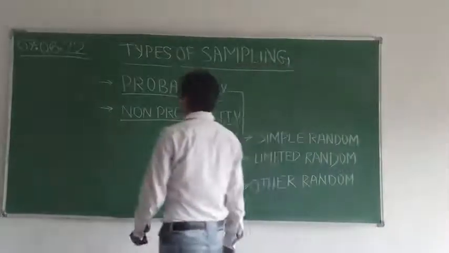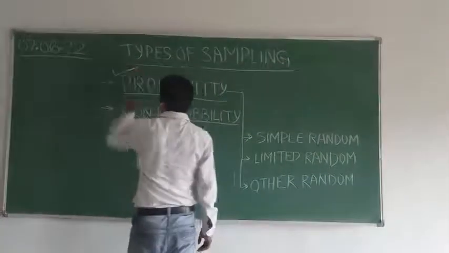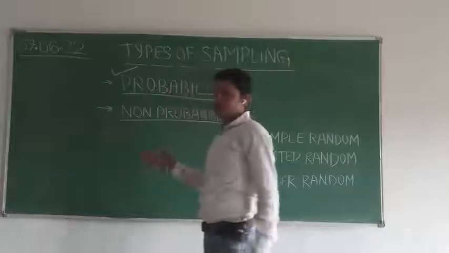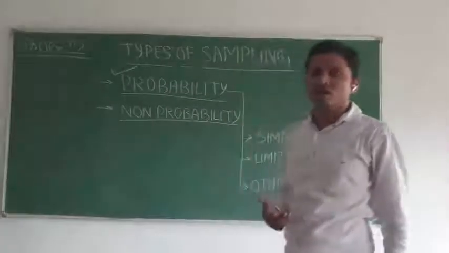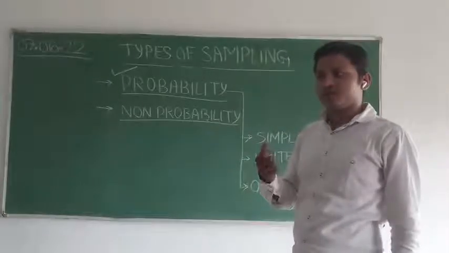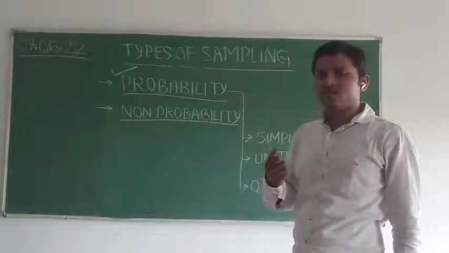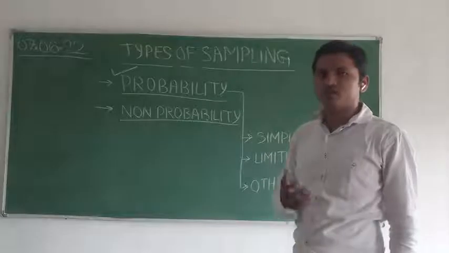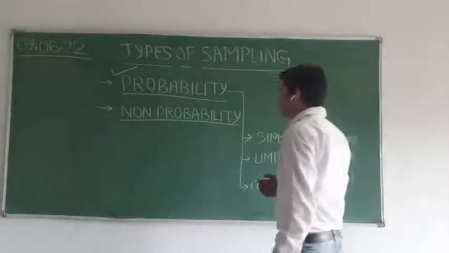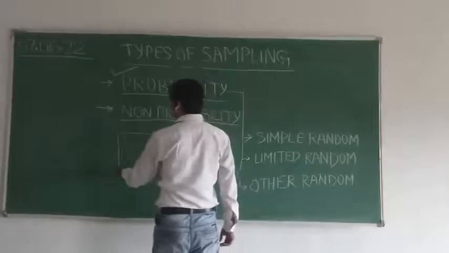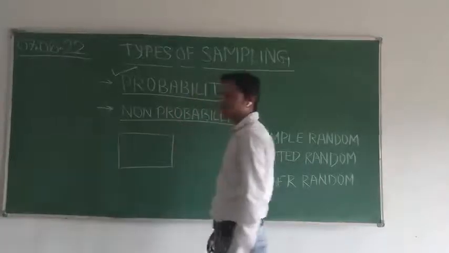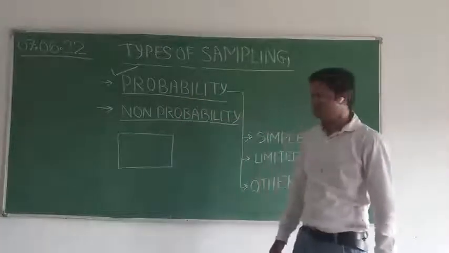In probability sampling, first, the concept of universe. We have already discussed the concept of universe. In social researches, what we take as a universe is a geographical area with its people, which we call in sociological terminology the community.